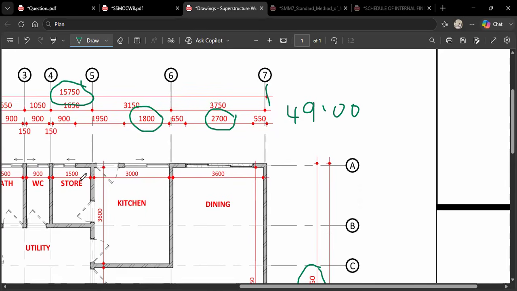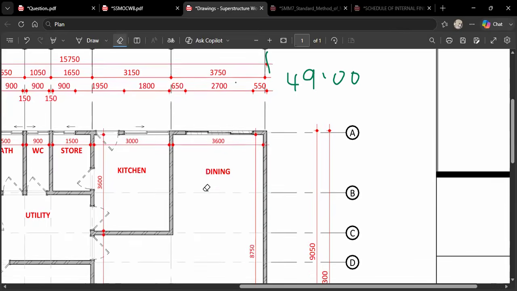The window for the storeroom over here is what? 900. The window for the WC, that is the length, is what? 900. It continues like that and it proceeds. So let's take time and see how best we can use these dimensions to start our table.